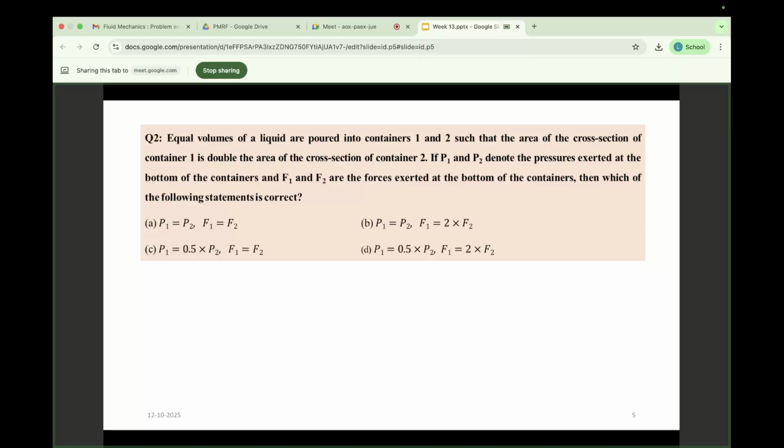P1 and P2 are the pressures exerted at the bottom. You know pressure P1 is rho g h, with h the total height of the liquid, so we take the gauge pressure. You can implement that and solve accordingly. For your understanding, let me give this diagram. You just try to answer; I'm giving you 2 minutes for this one.